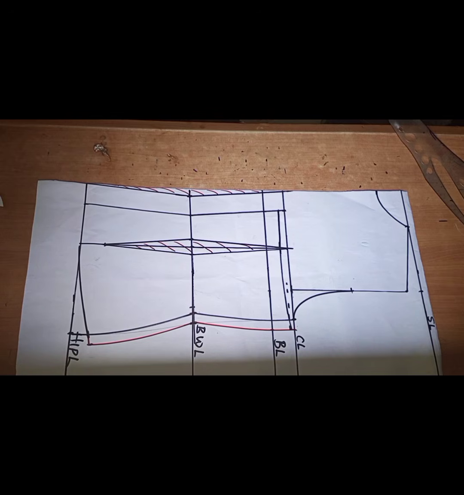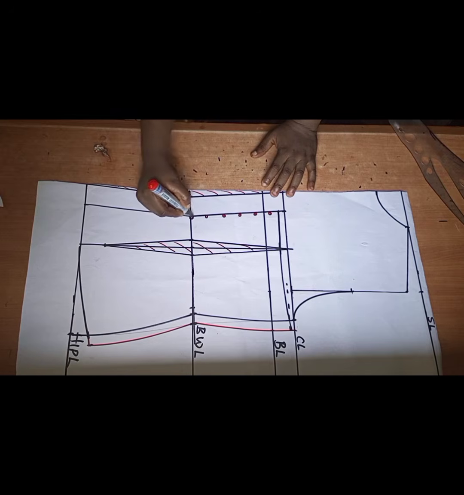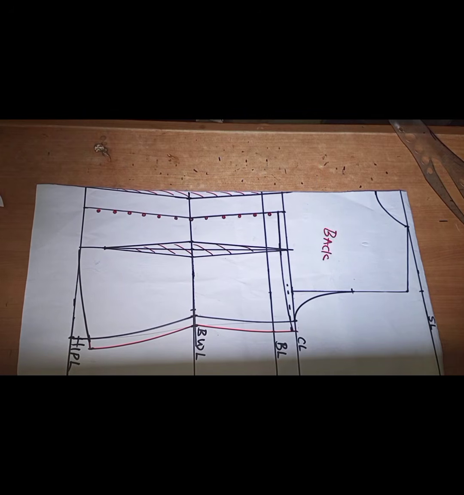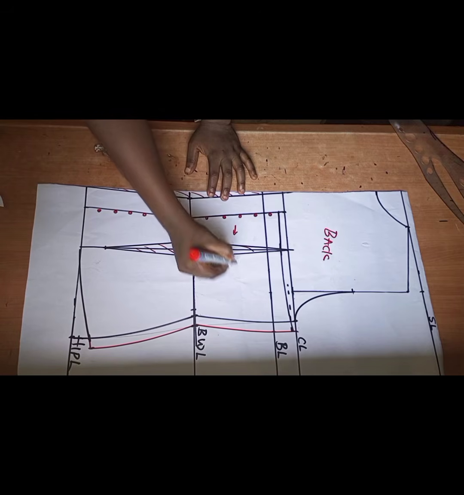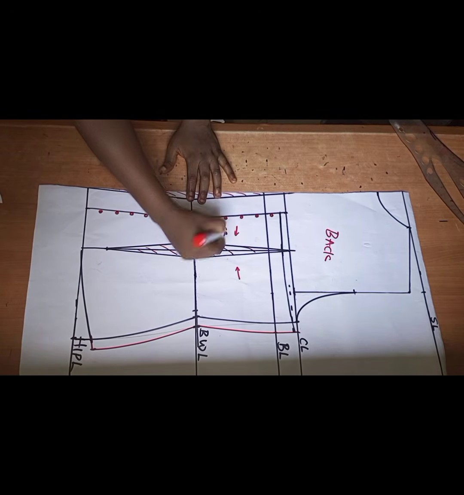Now the next thing I'm going to do is just to mark where my eyelet is going to be, so this will be more understandable. So after doing that, I'm going to label where I'm joining from, okay? And then I will mark the center back and then the side back.